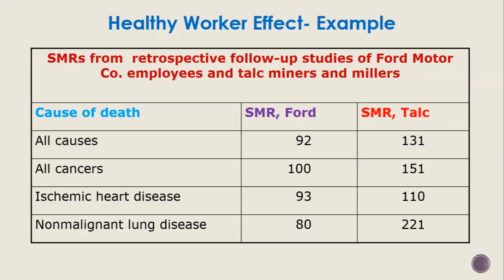So you need to understand this. You should be able to look at a published paper on SMRs and draw your own conclusions. In an exam, I could give you back the same table and ask you to interpret something.